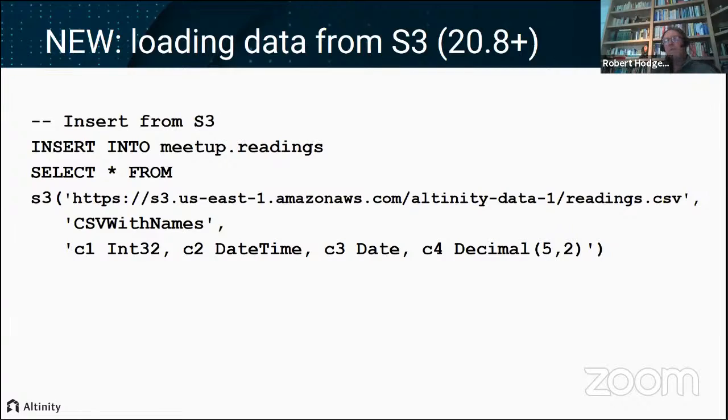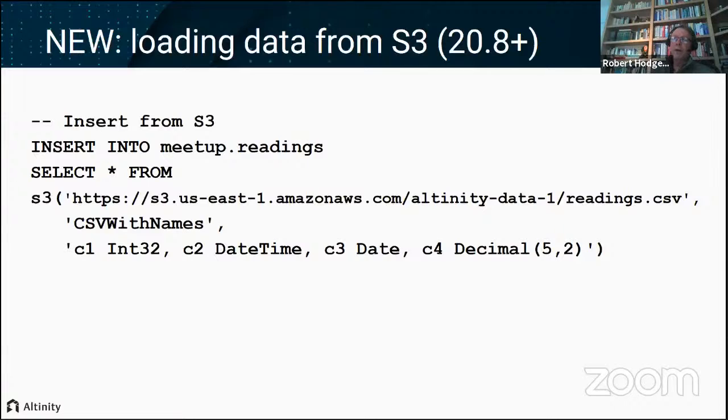So actually, if you're reading a lot of data, one of the best ways now is to get it out of S3. This is pretty new, in ClickHouse 20.8 and beyond. ClickHouse 20.8 is a mid-year version that's now stable, or fully stable for enterprise use. So you can read from S3 using a command like the following.